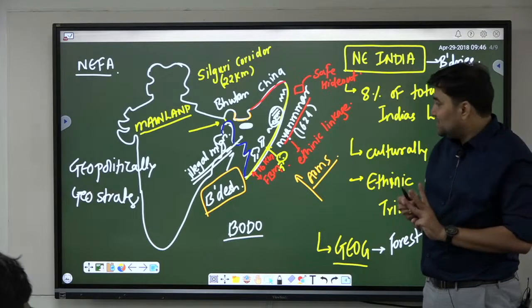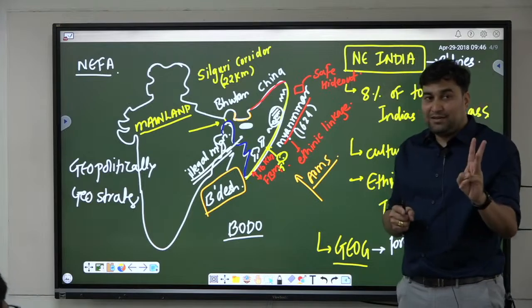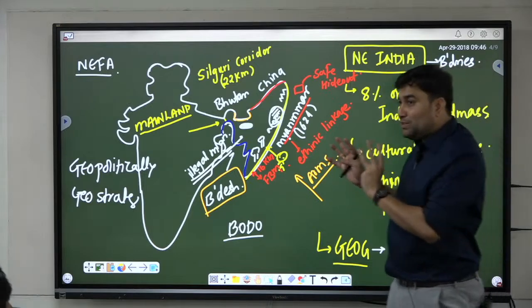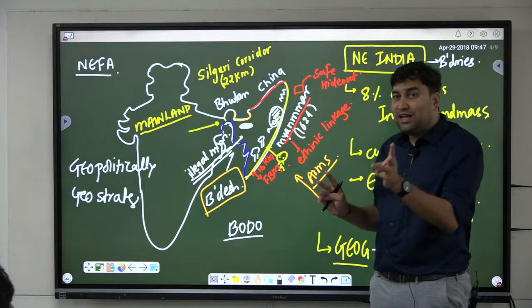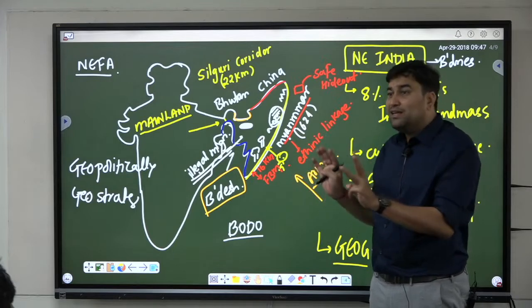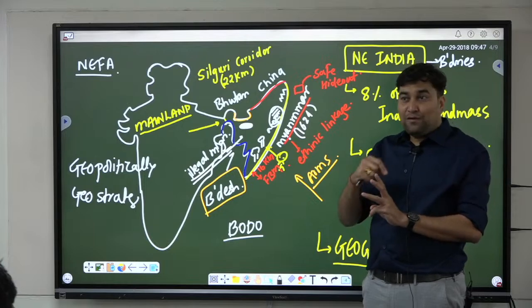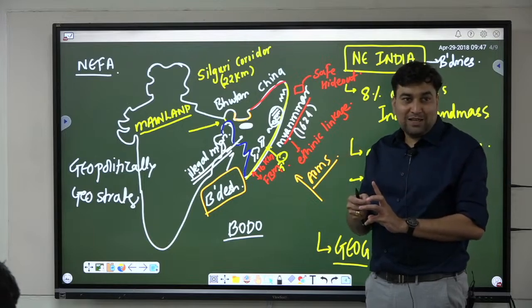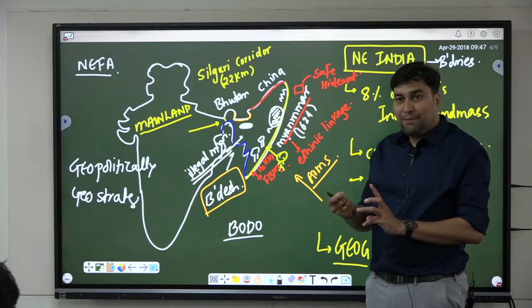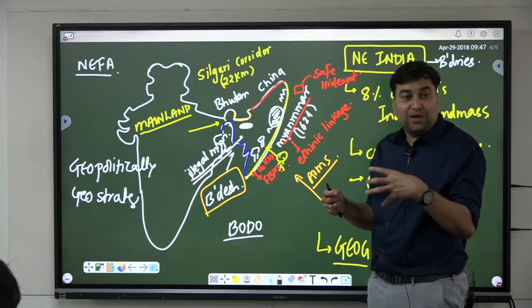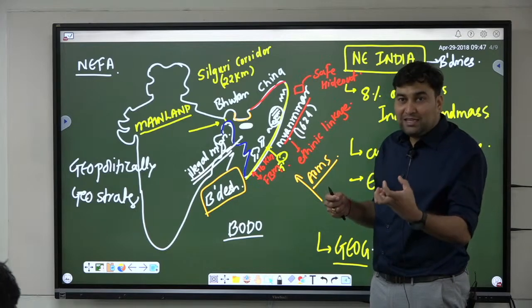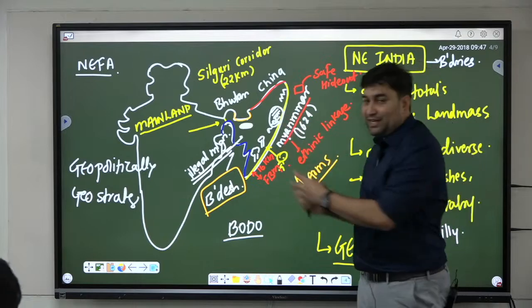Secondly, basically lack of development. If you try to understand Northeast India, in general, other than Mizoram, in other areas there is lack of basic infrastructure, lack of employment opportunities. So because of this, what will happen? It will provide fertile breeding grounds for the insurgents to grow in this area.